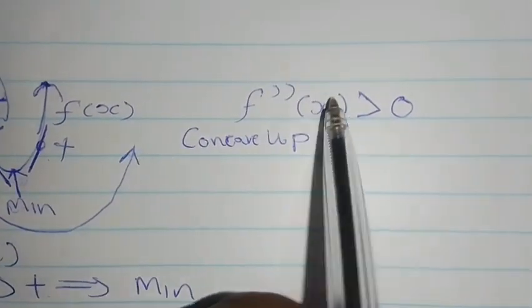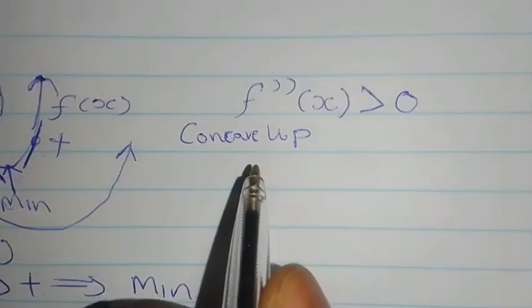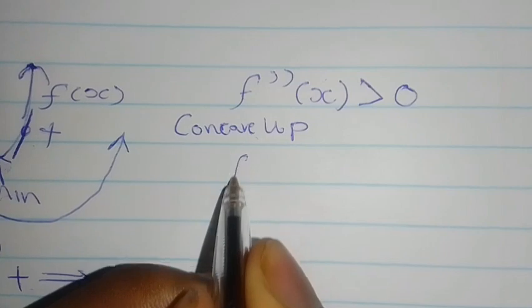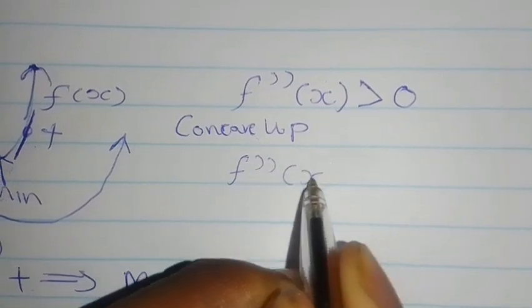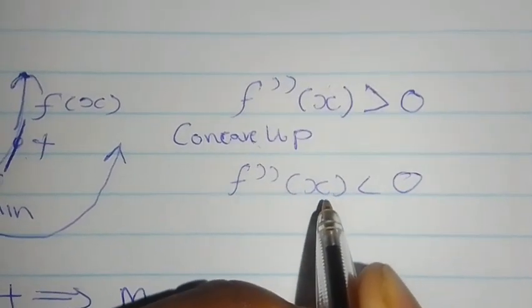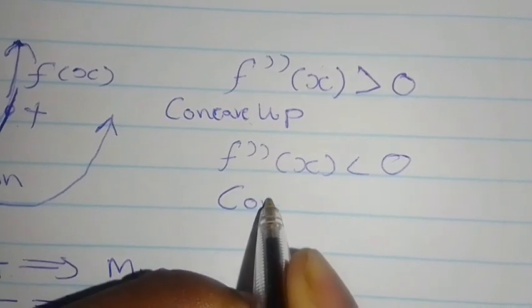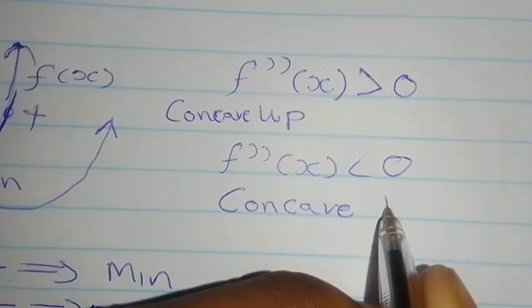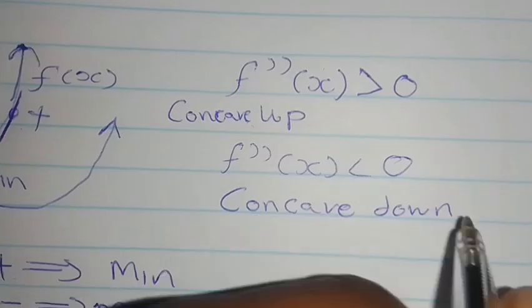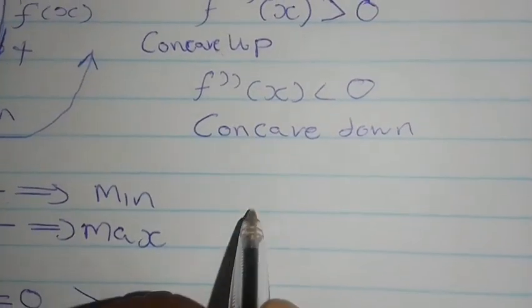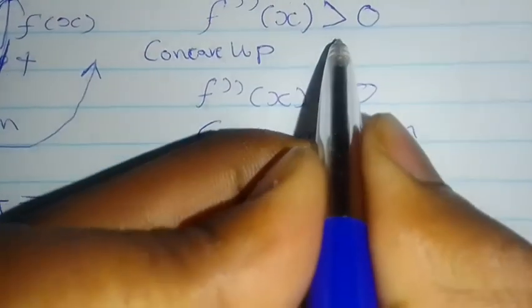And if the second derivative is less than 0, that means that the graph is concave down. That's where the graph faces down. This is concave down, and this is concave up.